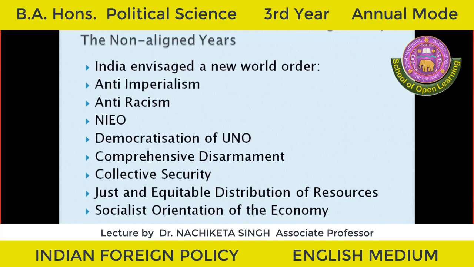So against the arms race, what should you be propagating? India propagated comprehensive disarmament. It is not only disarmament but comprehensive disarmament, because disarmament as such was tried by the nuclear powers, the big powers, from time to time, but that did not work because there was hypocrisy in it. You cannot quantitatively reduce some arms and then say that you have disarmed.